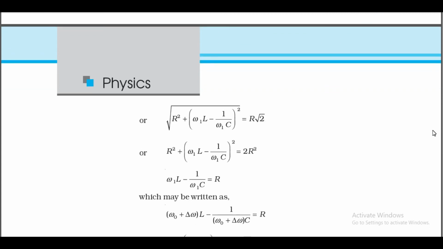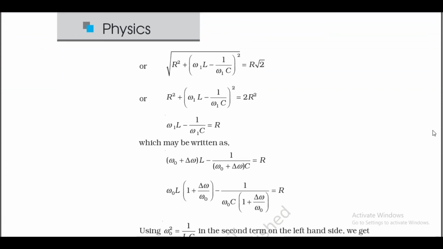Or, R squared plus (omega 1 L minus 1 divided by omega 1 C) whole squared is equal to 2 R squared, so omega 1 L minus 1 divided by omega 1 C is equal to R, which may be written as (omega naught plus delta omega) L minus 1 divided by (omega naught plus delta omega) C is equal to R.